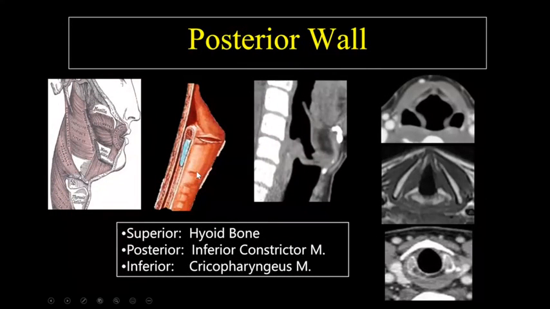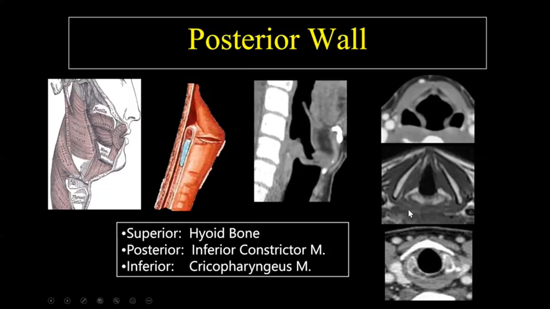The posterior wall of the hypopharynx is formed by the inferior constrictor muscle. So on the left here is a schematic illustration, the diagram of the inferior constrictor muscle. Here's our diagram of the inferior constrictor muscle forming the posterior pharyngeal wall. This is our three-dimensional reconstruction, and on the axial images, here's our posterior pharyngeal wall here.